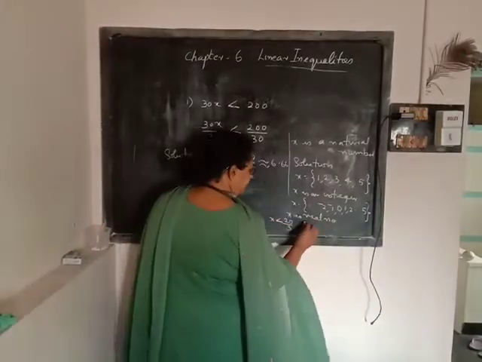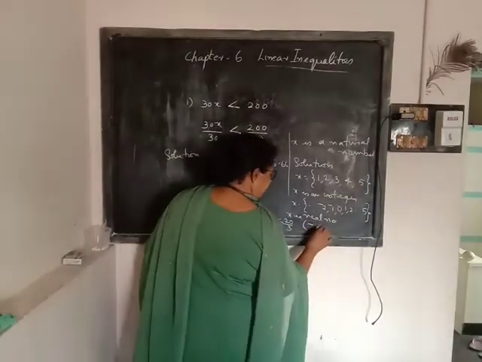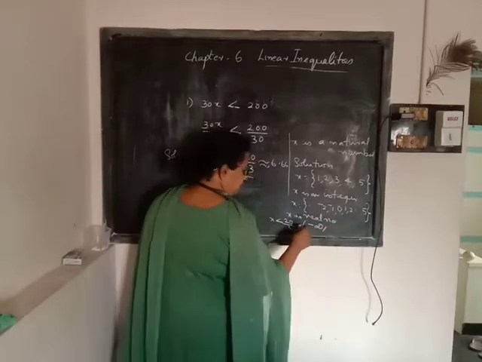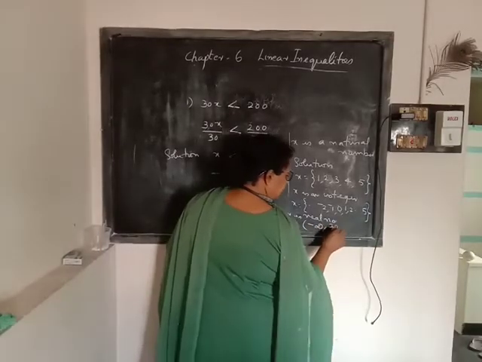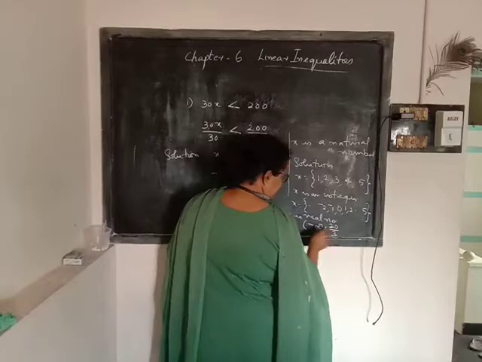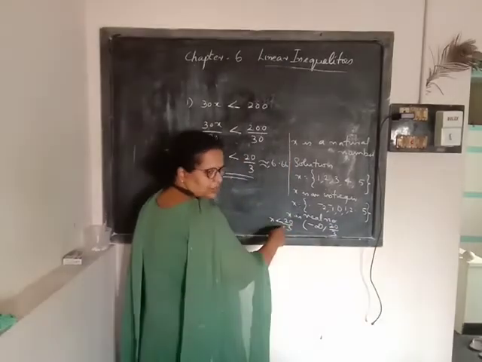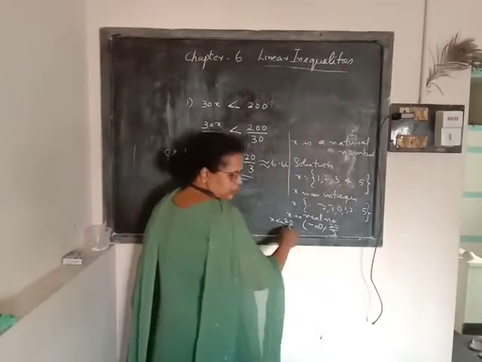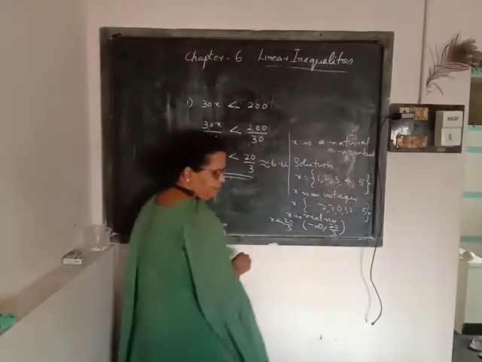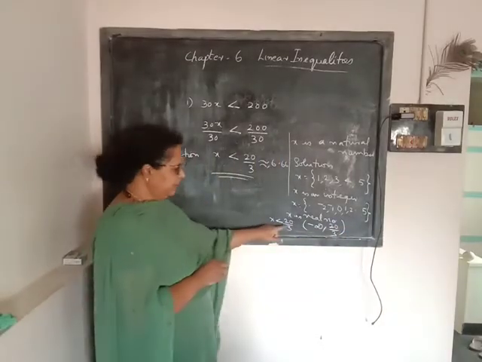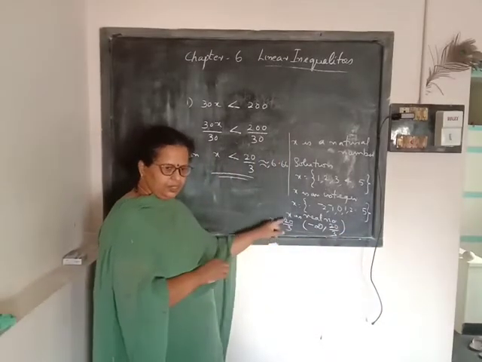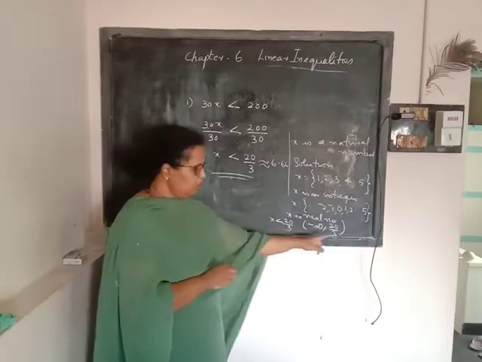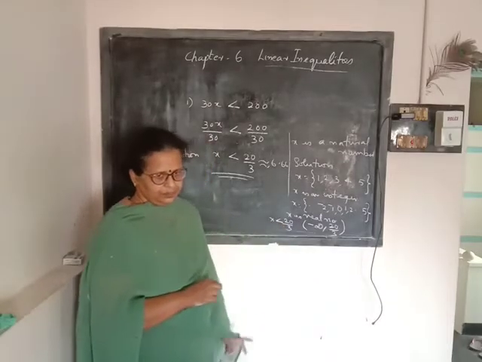Less than means from negative infinity up to the maximum value 20 by 3. But this is strictly less than, which means 20 by 3 is not included. So you have to put an open interval at 20 by 3.